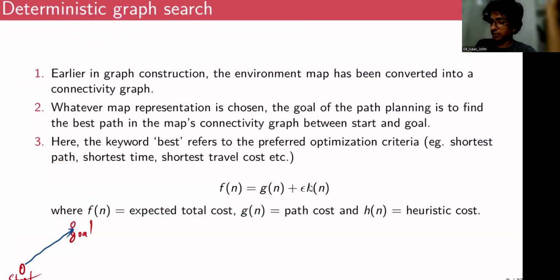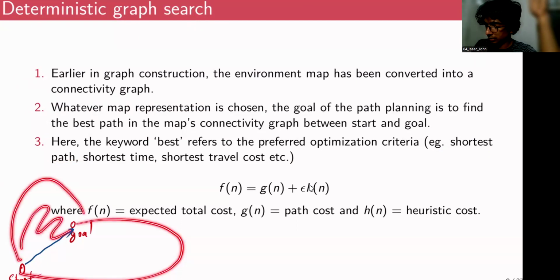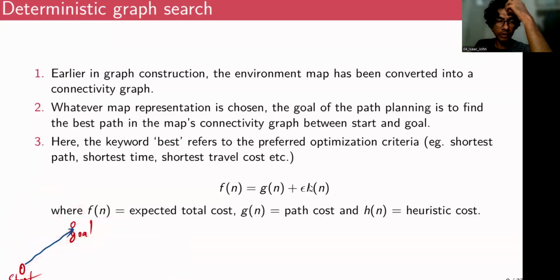And you could also argue that since this path is the shortest path, this path is also the shortest time path, right? If a path takes the least amount of time, that should also take the shortest amount of time than any other path like this, any other convoluted path. Right? One could argue that both are the same.